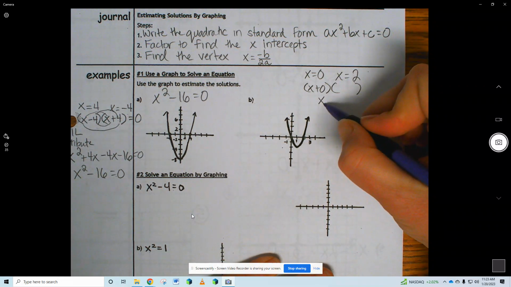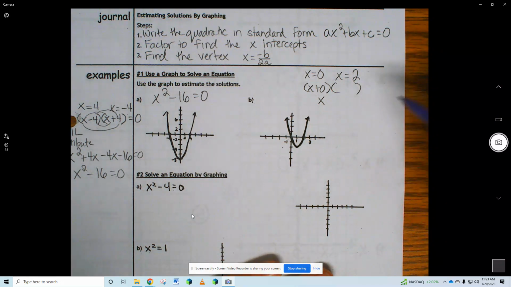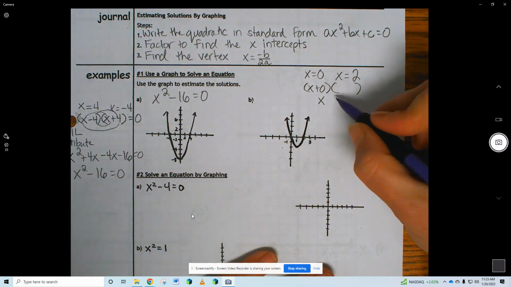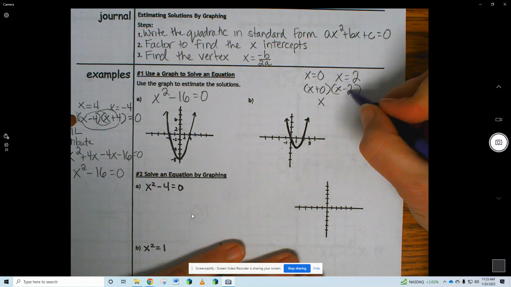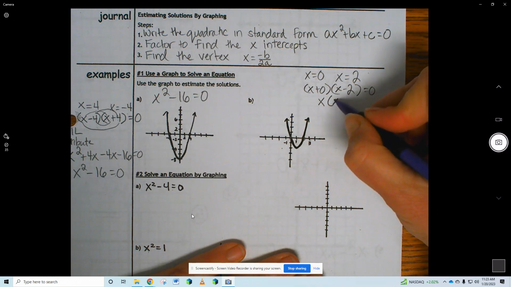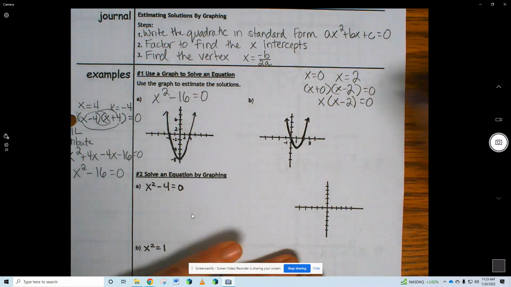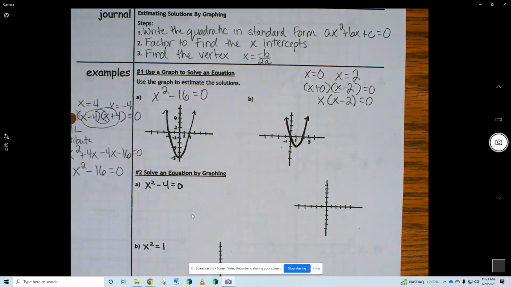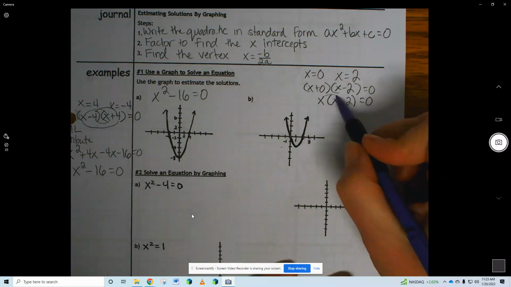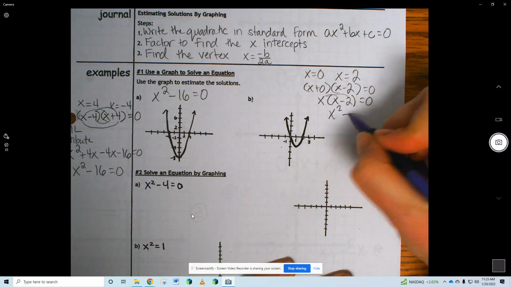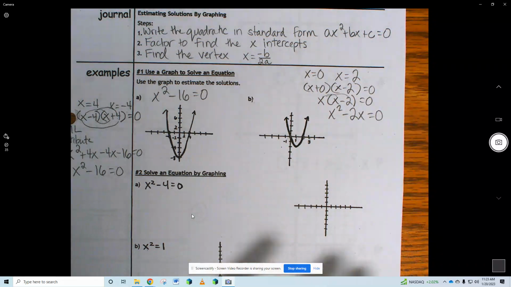It's just going to be an x without a 0 in it. But if x equals positive 2, what was the parentheses? x minus 2. So it'll be x times the parentheses x minus 2. Multiply this, distribute, FOIL, whatever. X squared minus 2x equals 0.